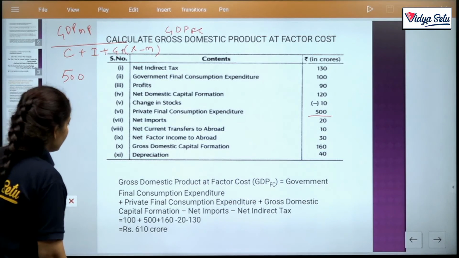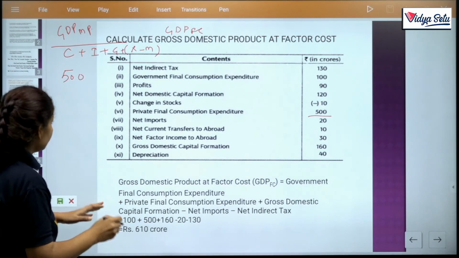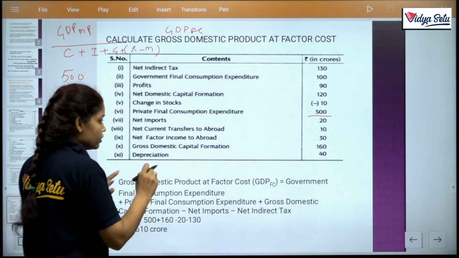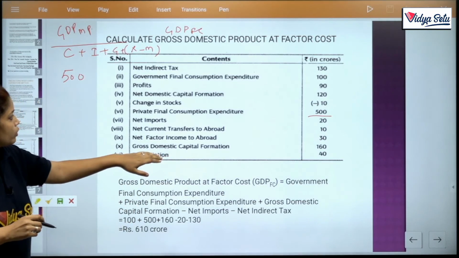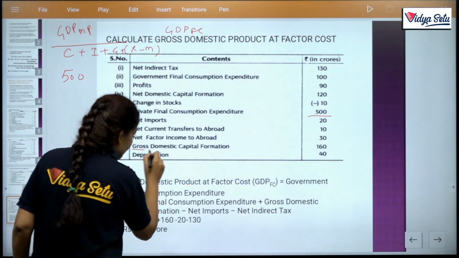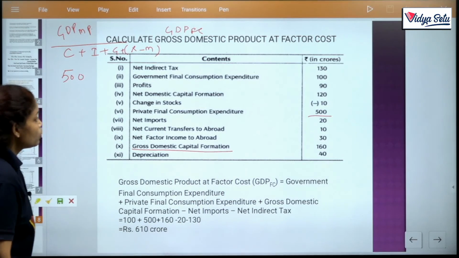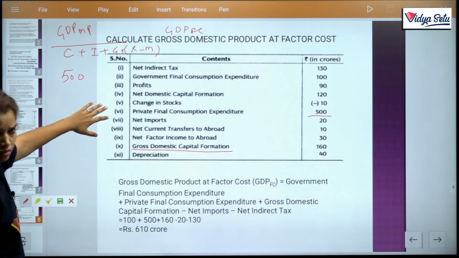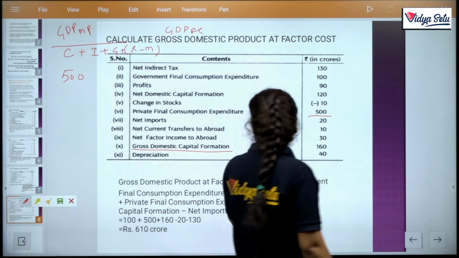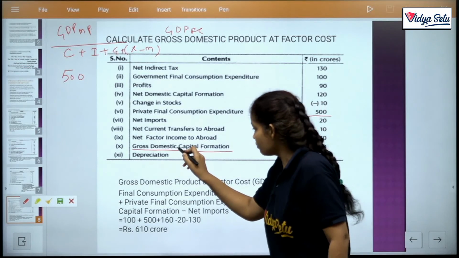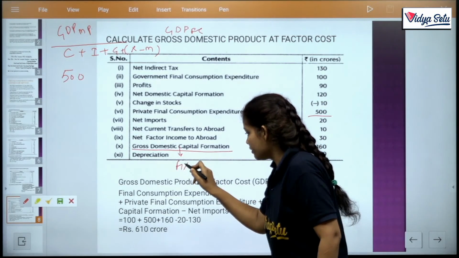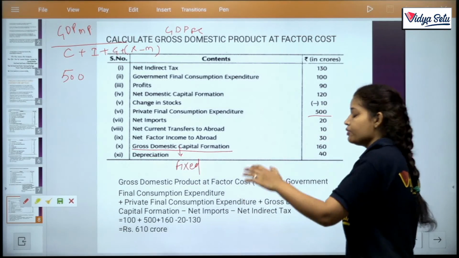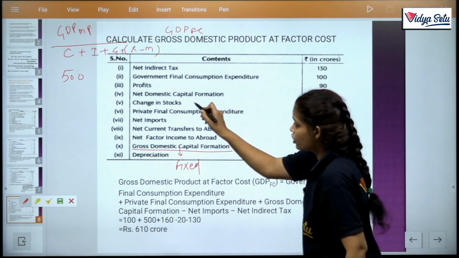For I, if there is an investment expenditure, very good. What I am trying to say is that here it is gross domestic capital formation, so we don't need to give the adjustment of change in stock. Understood? If the word is gross domestic fixed capital formation, then we need to give the adjustment of change in stock.